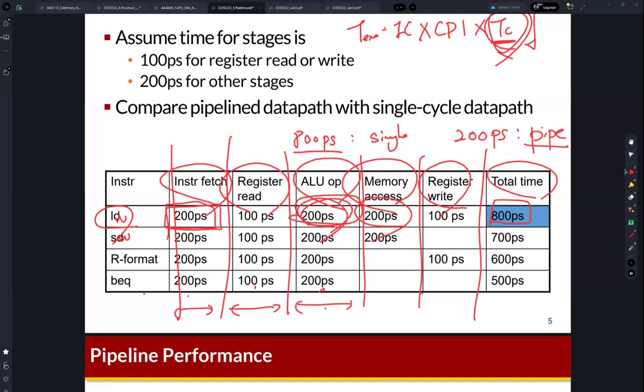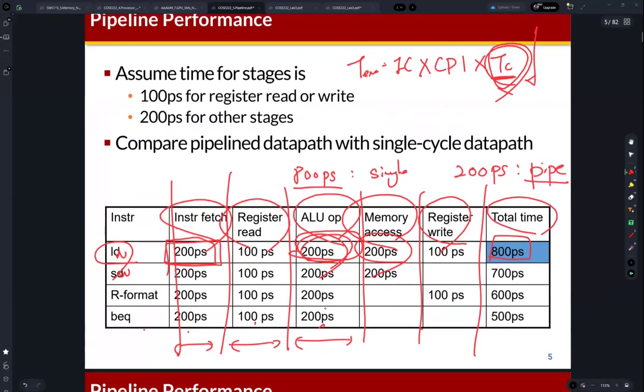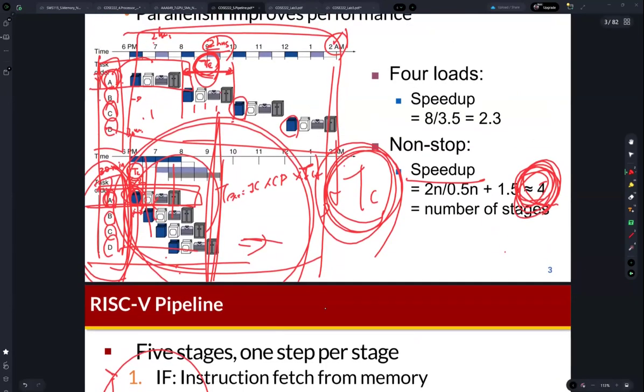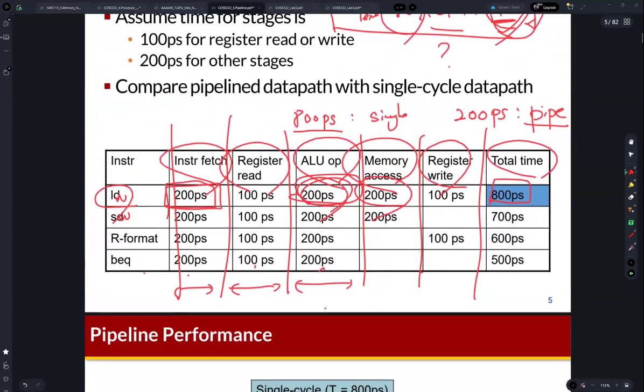So what's the speed up? Based on this equation, if the instruction count is the same, because this is the software part, and then the CPI, we don't know the CPI, but for the ideal case, the CPI is 1, right? Because the processor can receive one instruction every cycle. So let us suppose the CPI is 1.